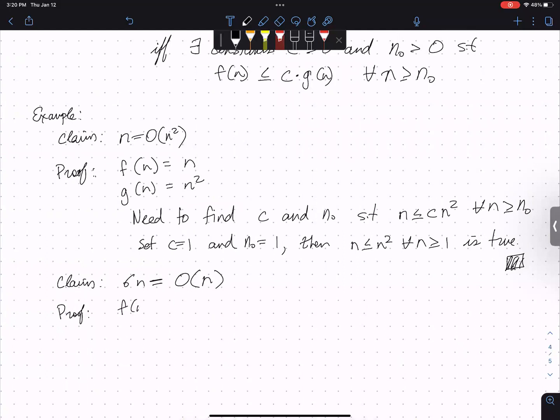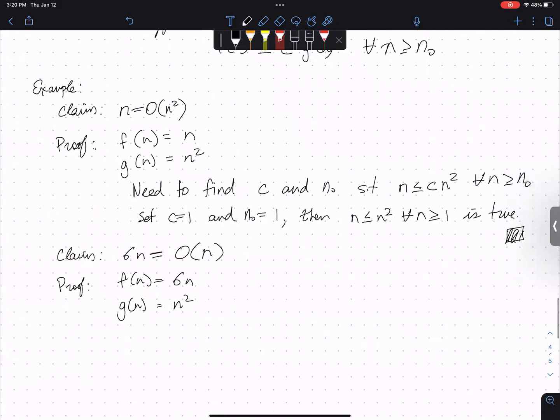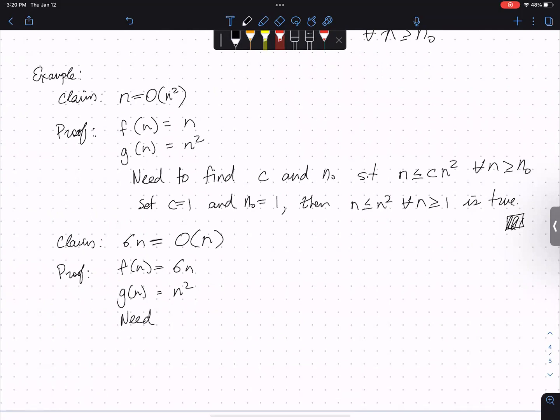So here, f of n equals 6n, g of n equals n squared, and we need to find c and n0 such that, plugging things in, 6n is less than c times n squared for all n greater or equal to n0.